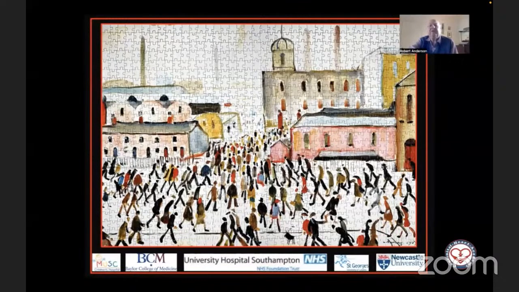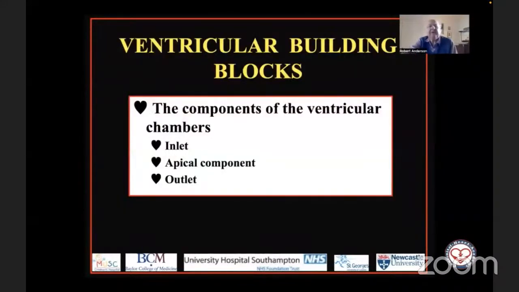And atrial development was quite complicated. So the end picture there was not easy to put together. I hope that today, when we discuss the ventricles, things will be a little bit easier because there are not quite so many pieces. So when we look at the ventricles, we have 3 parts.